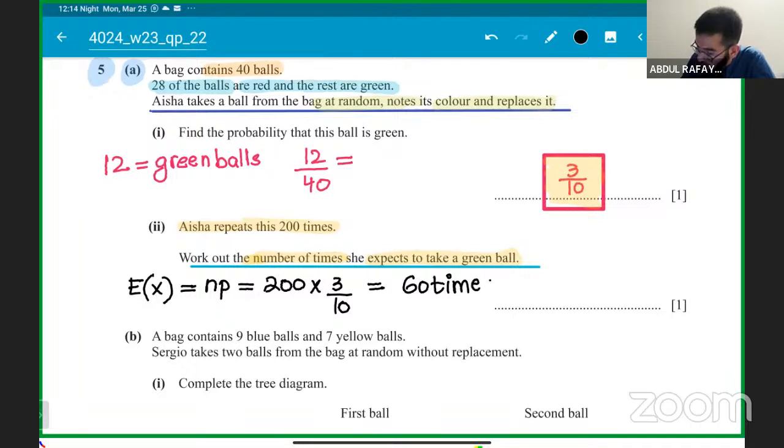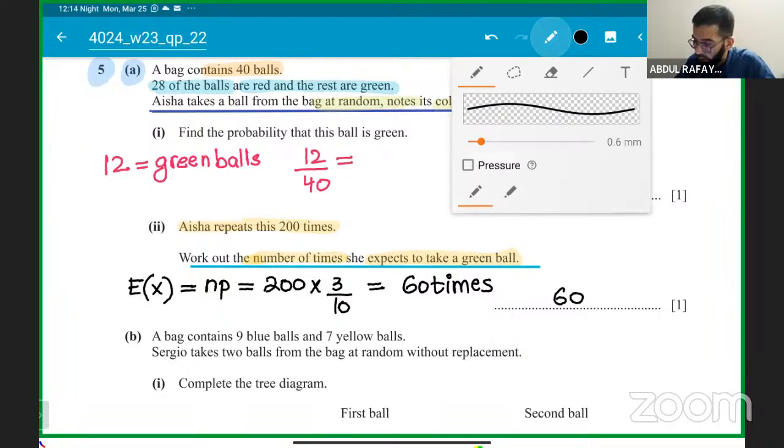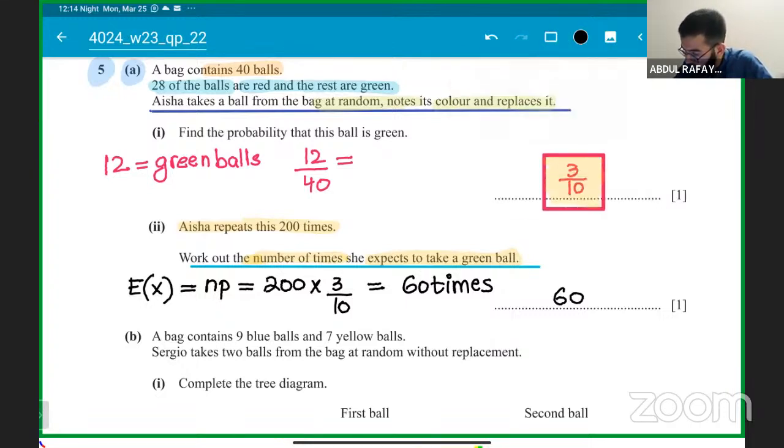Hope everyone got this. Out of the 200 times, it is possible to get the green ball 60 times.